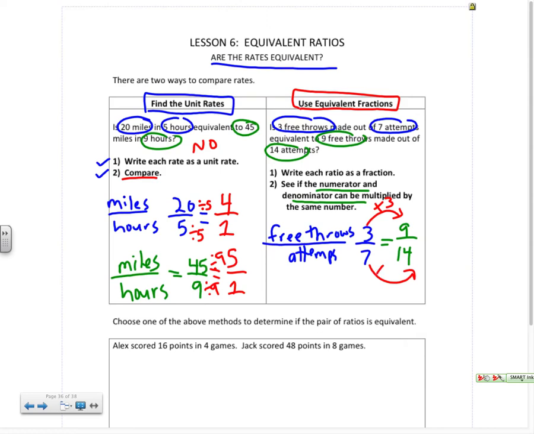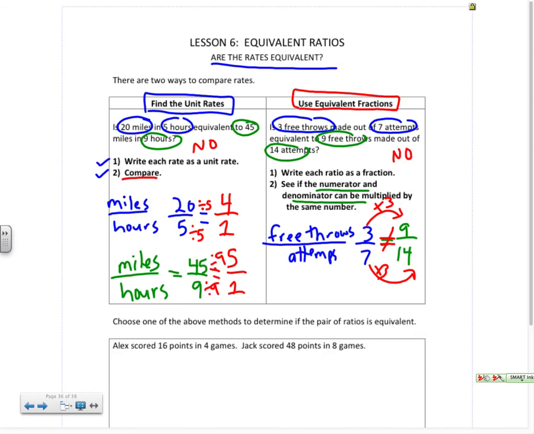And will that work? What's 7 times 3? 21. And it will not work because we have 9 to 14 here. So the symbol for not equal to is this equal sign with a diagonal line through it. That means those are not equivalent ratios. So my answer is no.